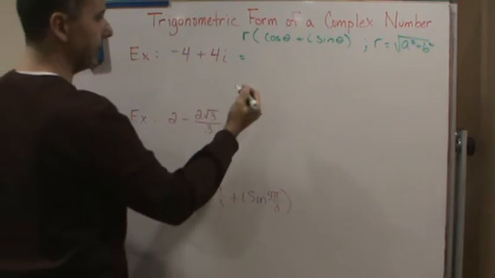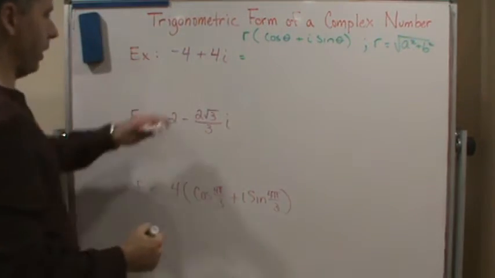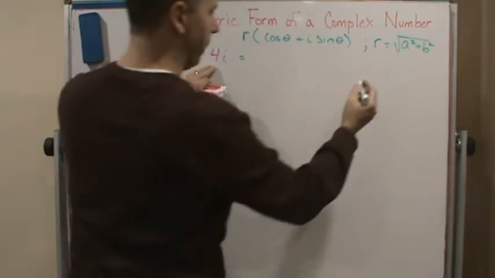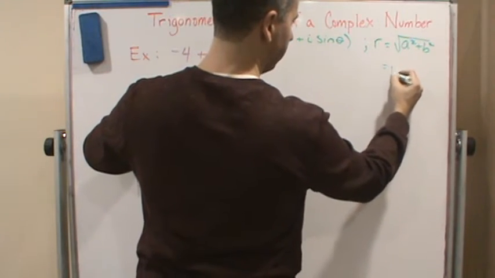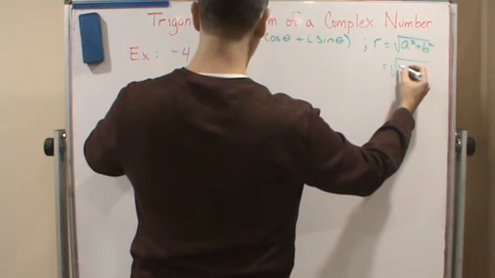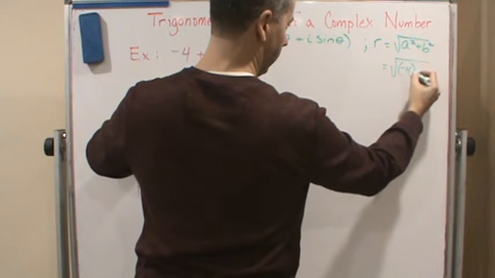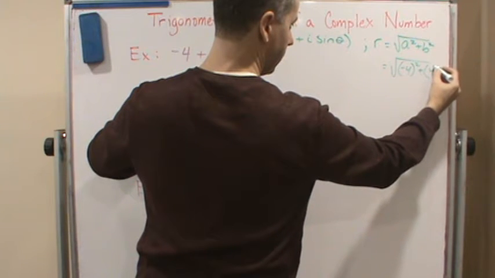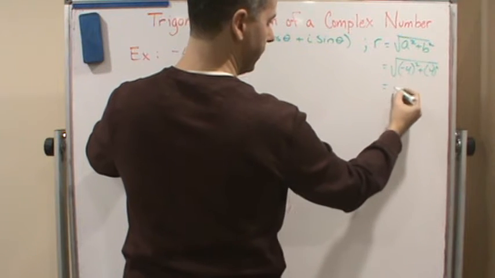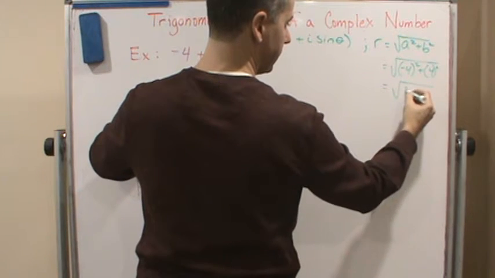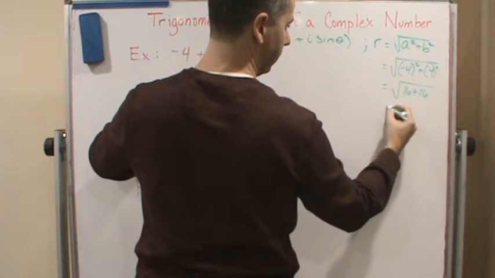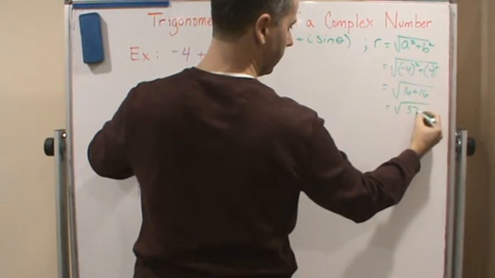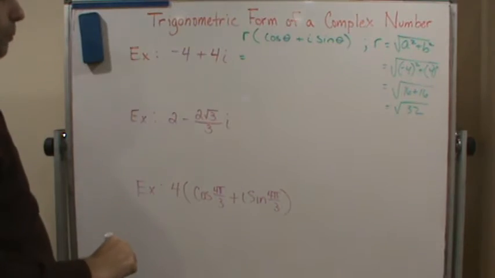So immediately, r is going to equal what? Well, it's the square root of a squared plus b squared, so it's the square root of -4 squared plus 4 squared, which equals 16 plus 16, which is the square root of 32.